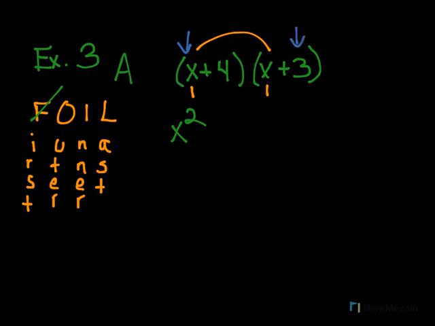If you look at the first polynomial, that's the one that is outside, and if you look at the second polynomial, that's the one that is outside. So I'm going to do x times 3. That is just plus 3x, because they're both positive. If you multiply a variable times the coefficient, it's just 3x. We're done with outer.